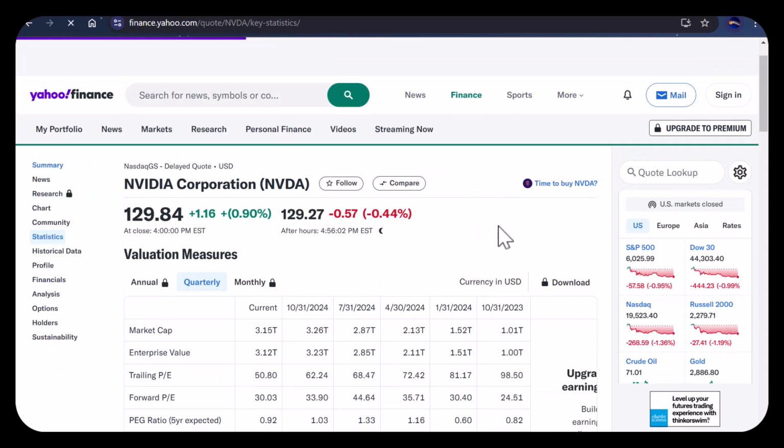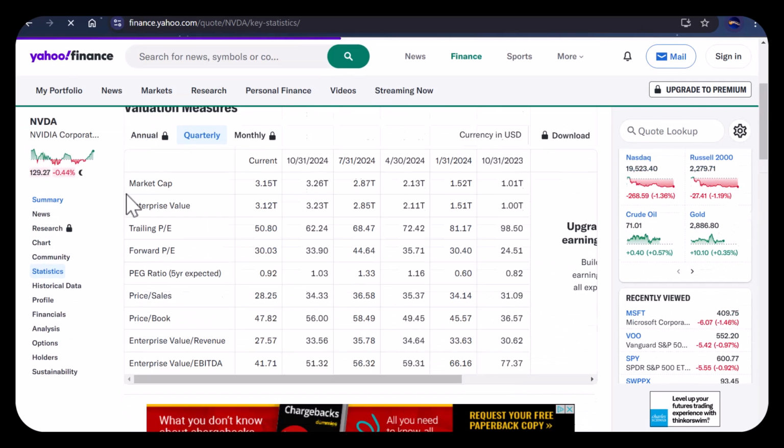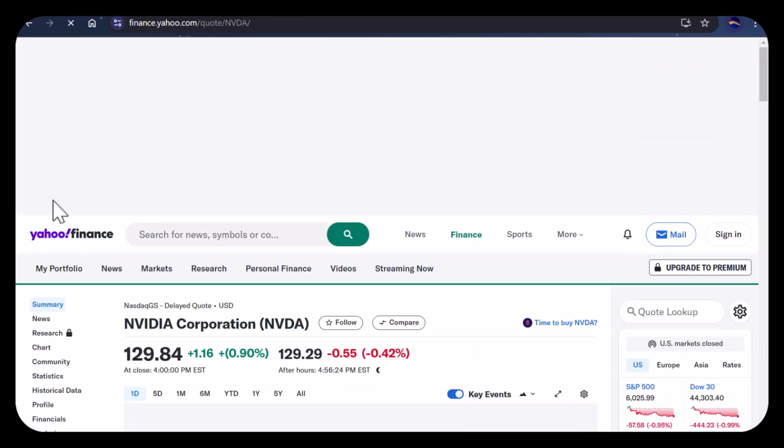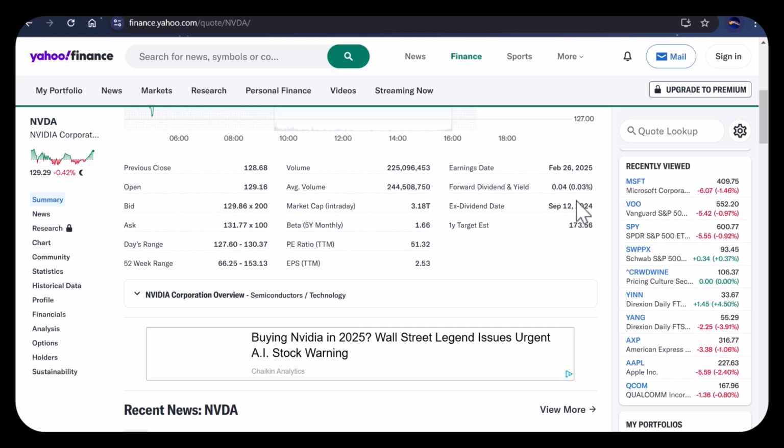And my computer's internet is too slow today. Come on, summary, where are you? Okay, it's only 4 cents a quarter. That means that's 16 cents a year for dividend. So it's almost zero.